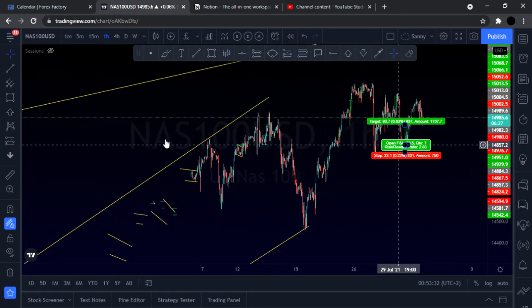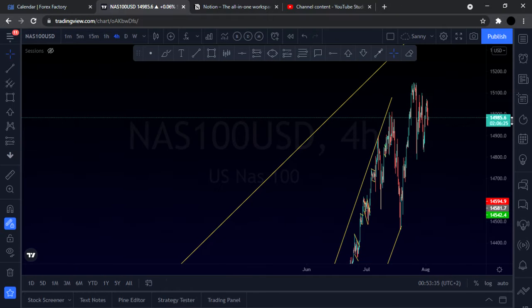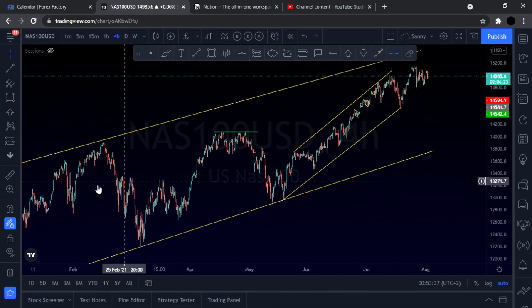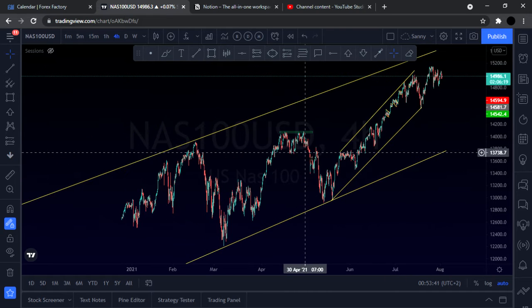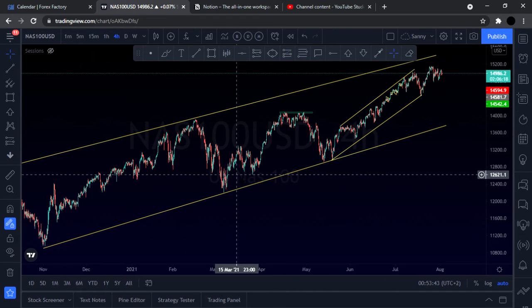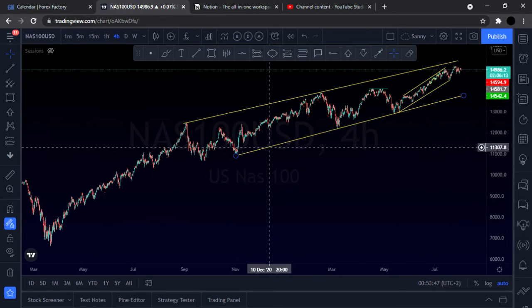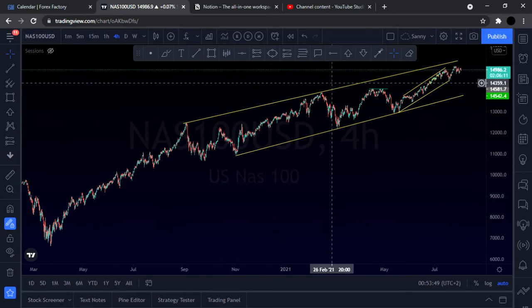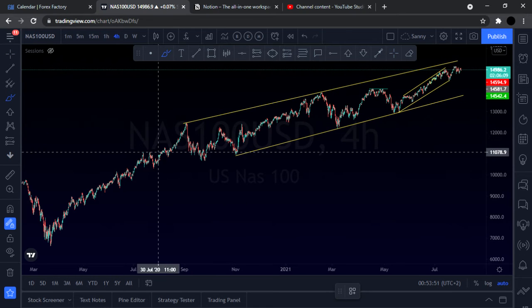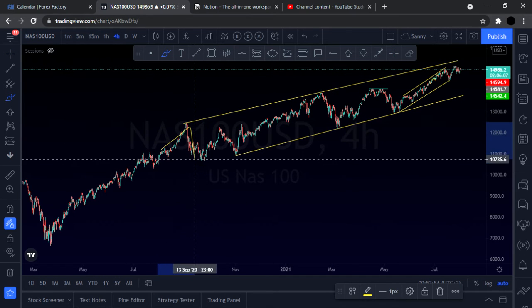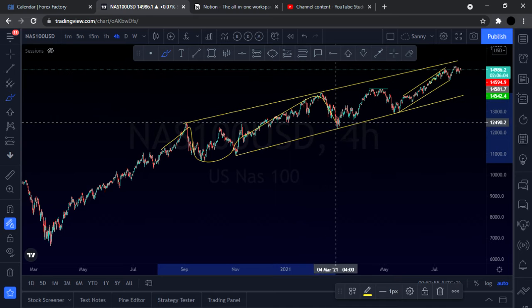Let's go on the 4-hour. I was thinking about erasing everything and starting afresh, but you guys can see on the 4-hour it's an uptrend. We are still in the uptrend, creating higher highs and higher lows, right? From here, high, low, here, high, low, high, low, high.